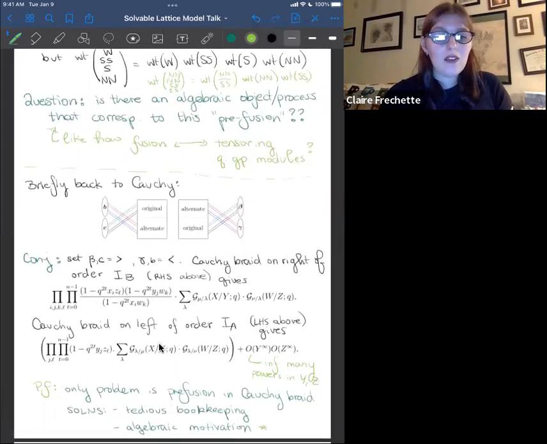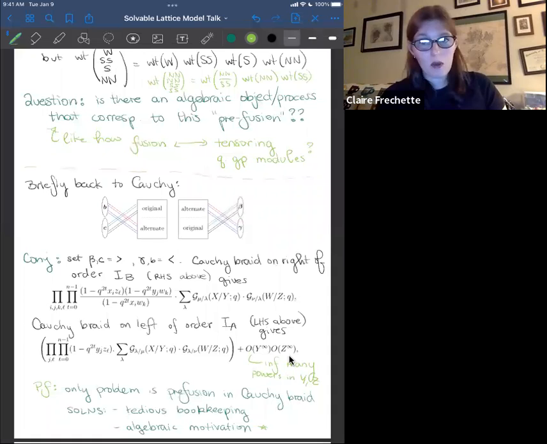And on my left-hand side, I'm going to wind up with part of the commutator, again this sum that I would like, but then also since it's an infinite model, we wind up with an error term that has infinitely many powers in your variables y and your variables z.